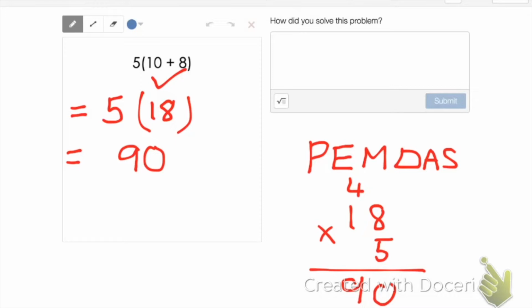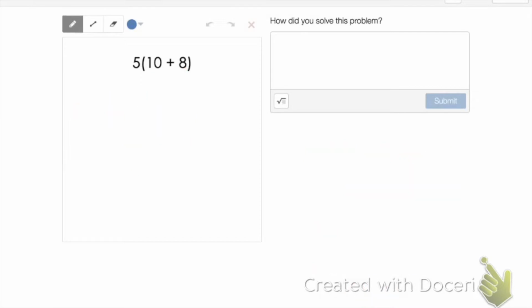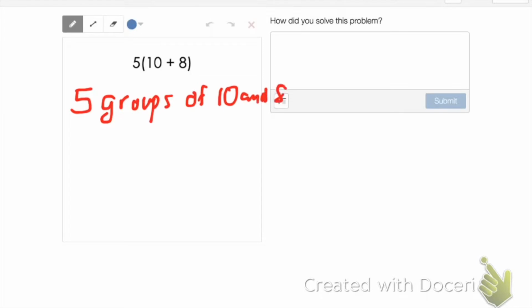Is there another way we can do it? Yeah, I think so. We can say these are 5 groups of 10 plus 8.